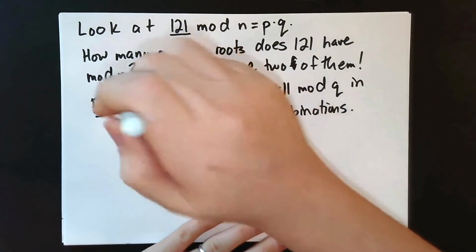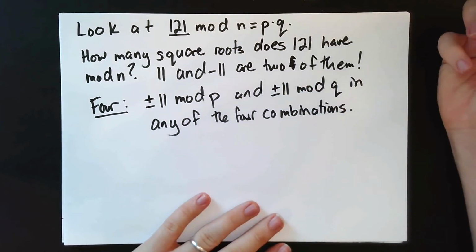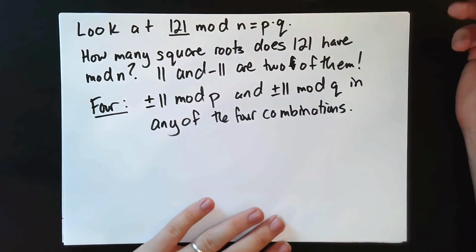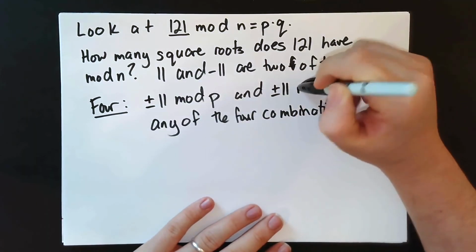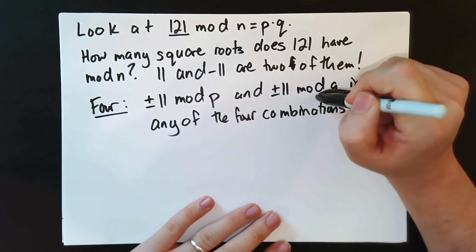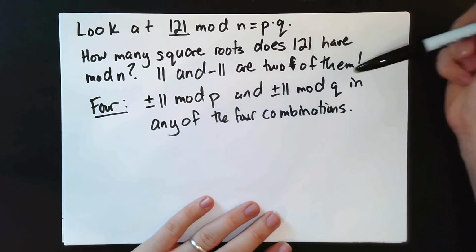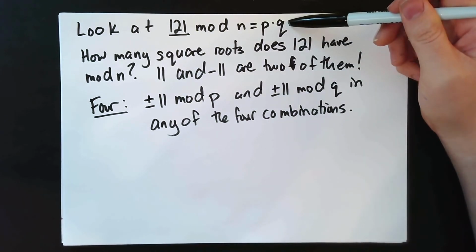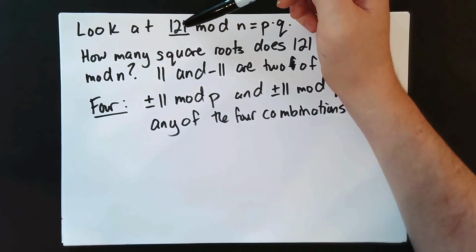So plus plus gives me 11, minus minus gives me minus 11, and then plus minus and minus plus, the two mismatched combinations, give me two other square roots, two genuinely new square roots of 121 mod n that don't actually match with any of the square roots that I previously knew.